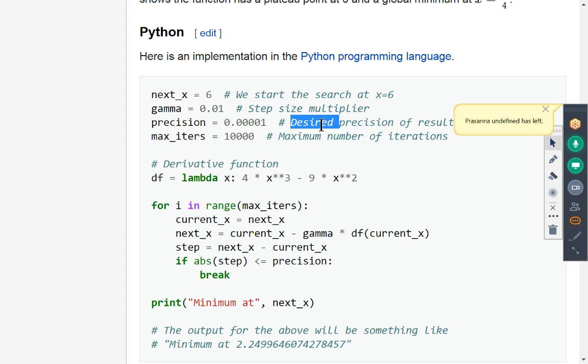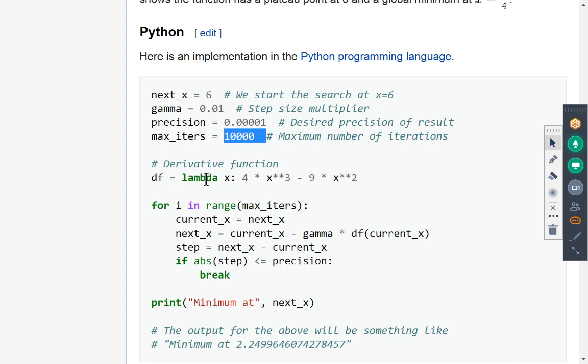The step size is whatever is available, and up to what level I have to go to find the minimum point, that is called the desired precision. How many times do you want to run this program? 10,000 times I want to run this program.